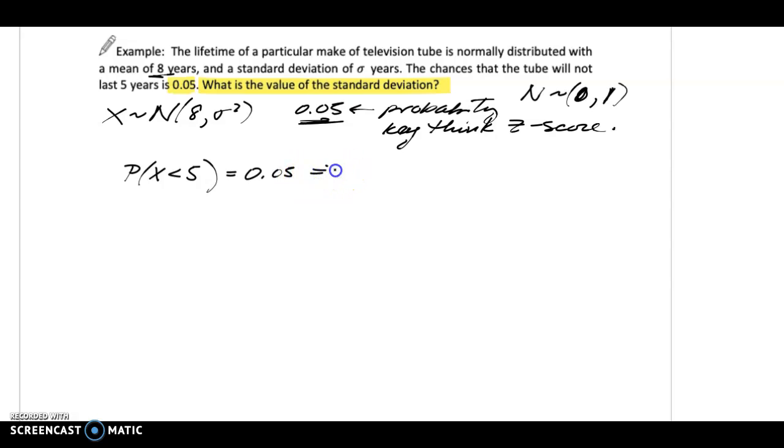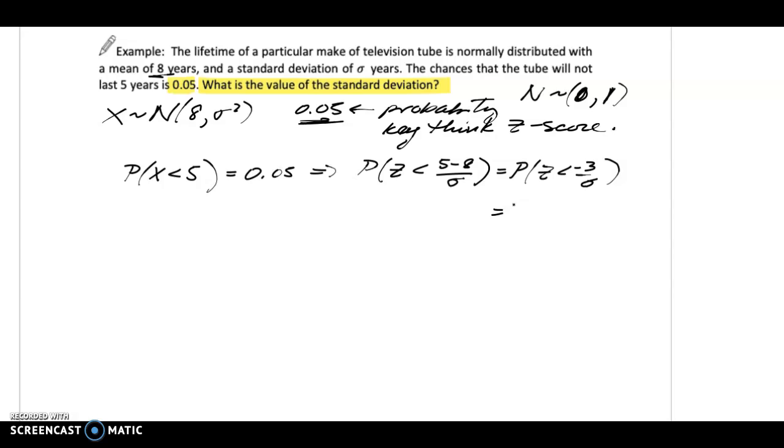If I convert it to my Z-score, this is P of Z less than 5 minus 8 divided by sigma, which equals P of Z less than minus 3 over sigma.